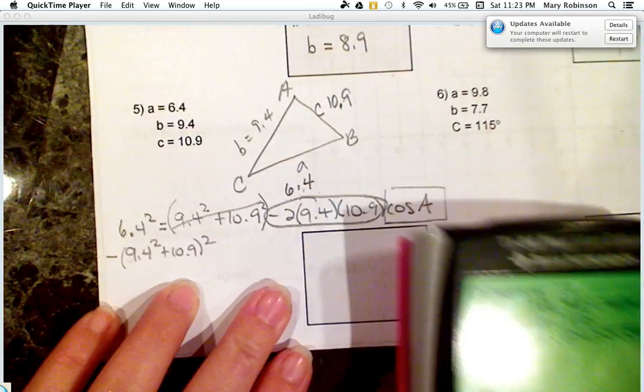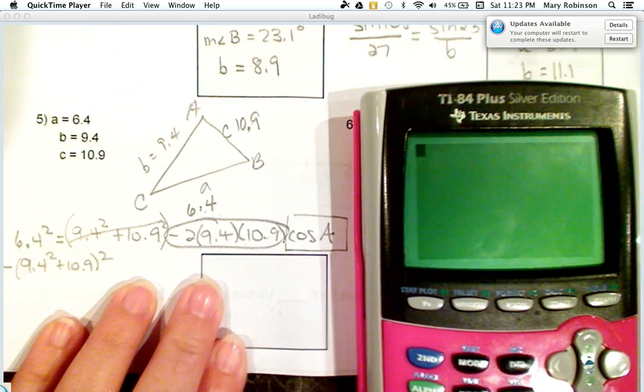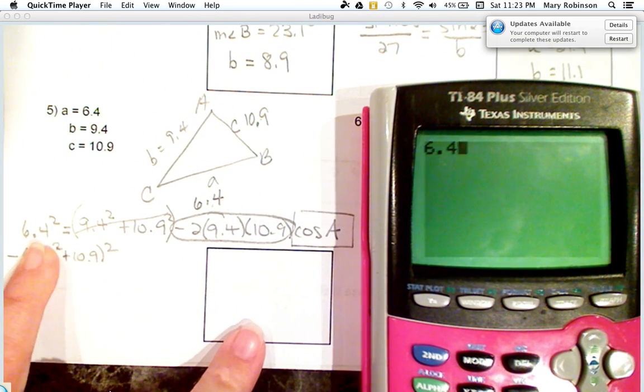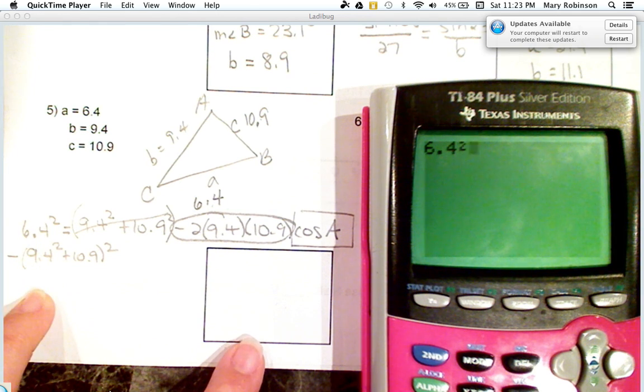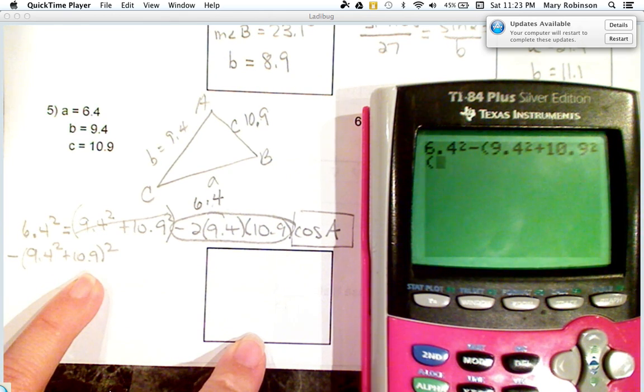Okay? So here we go, typing it in our calculator. And please practice these steps with me. Make sure you understand if you didn't get the correct answer as you watch this video. So 6.4 squared minus the quantity, and notice I'm putting this in parentheses, 9.4 squared plus 10.9 squared, and I'm going to hit enter.